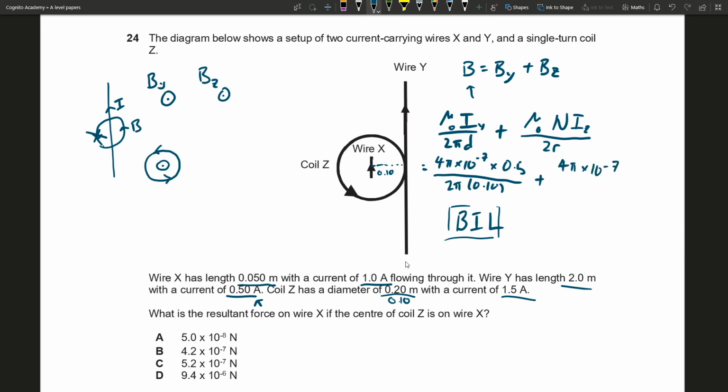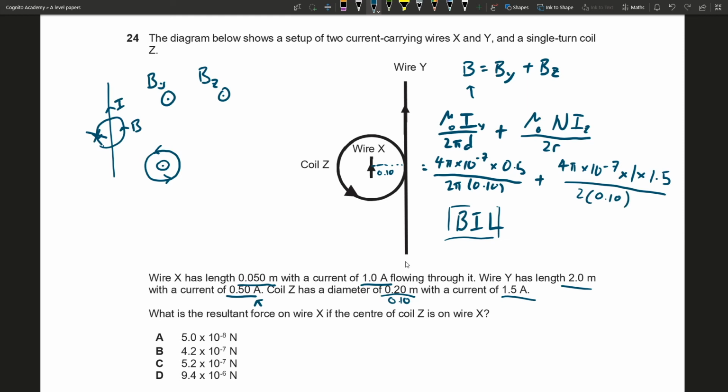N is 1, remember, because it's the number of turns around your coil, and in this case coil Z is a single coil, so times 1, times IZ, the current flowing through Z, that is 1.5, all over 2 times the radius of the coil, 0.10.